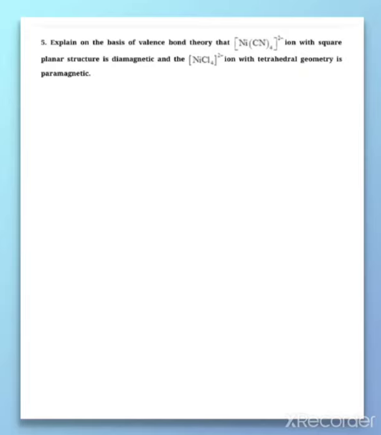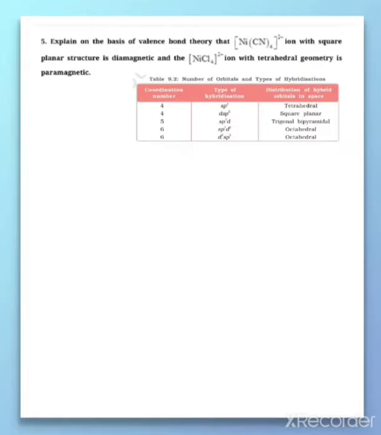So let us make the hybridization for these. As we have discussed already in the tabular form, when the hybridization is different, they have different geometry. For example, in both cases the coordination number is 4, because here it is CN4 and here it is Cl4. With coordination number 4, there are two possibilities, that is sp3 or dsp2.